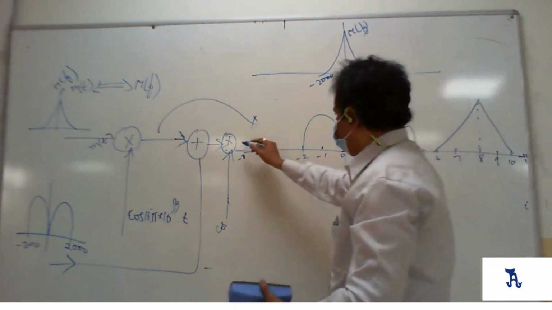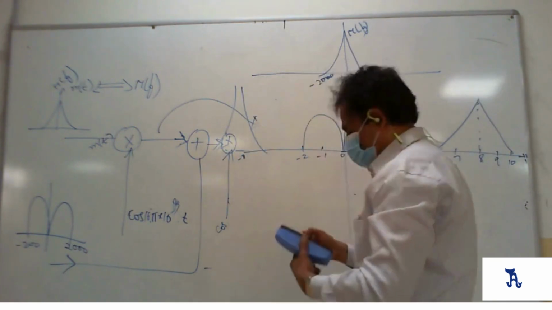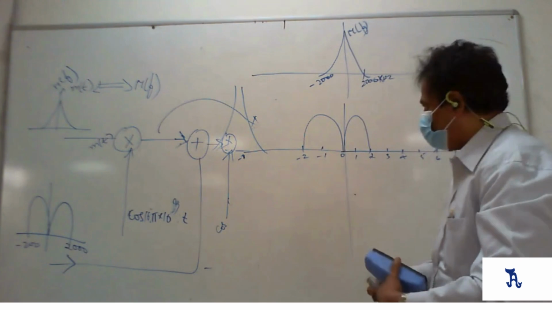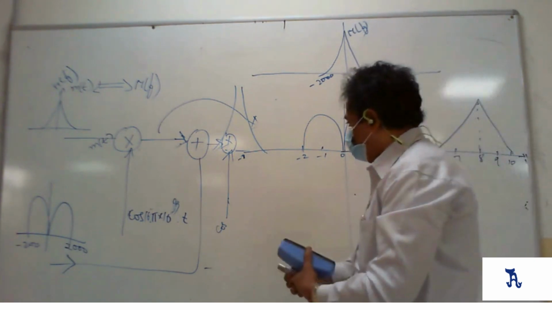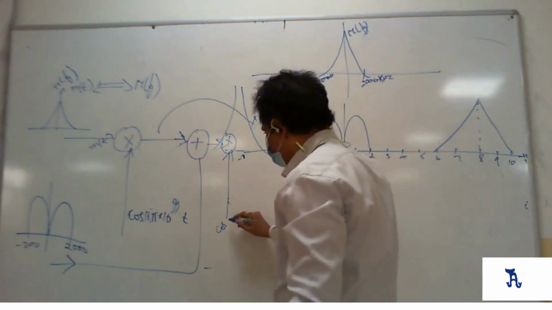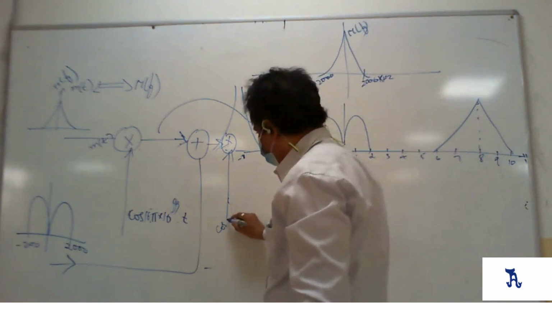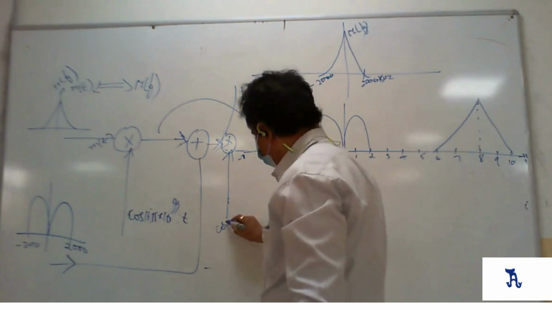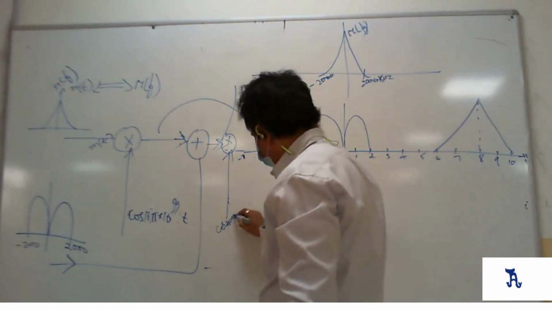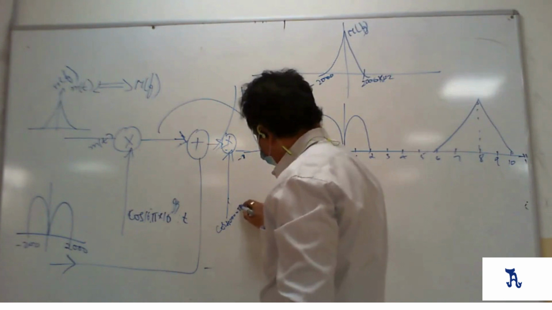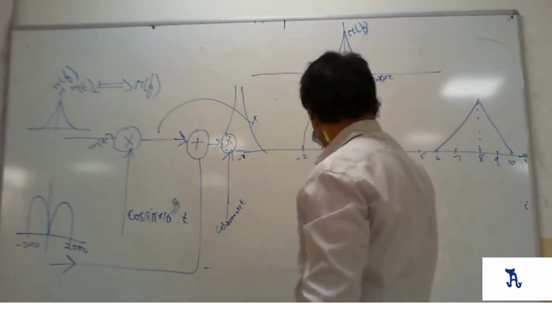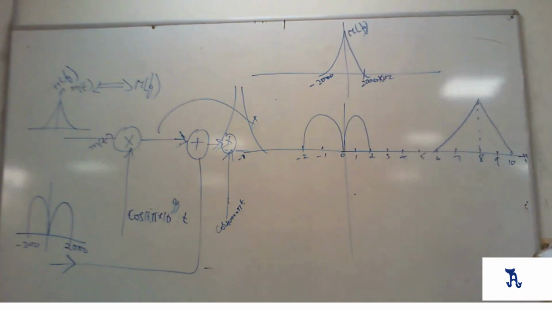Of course, here in minus 8 this is there. Now tell me, when this is passed through another cos, I'll write cos 40,000 pi into t.